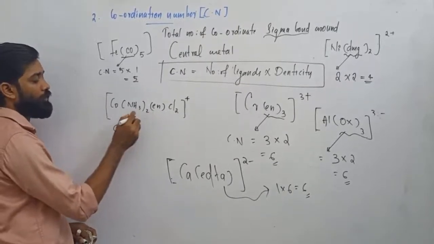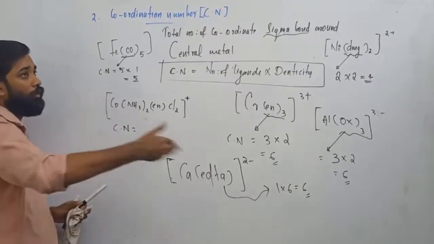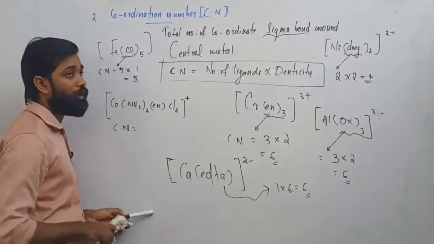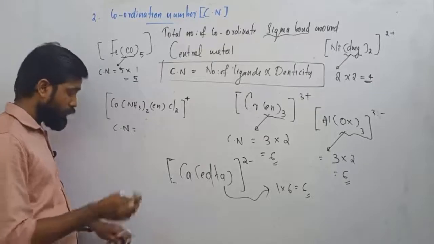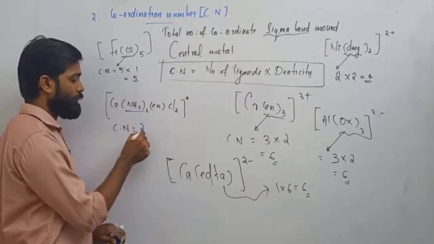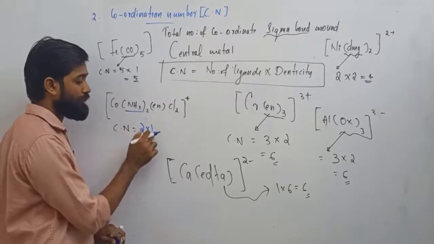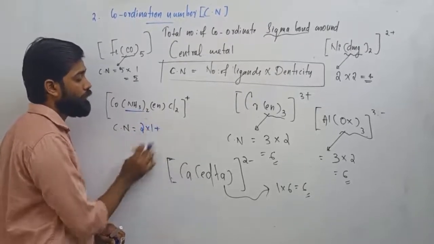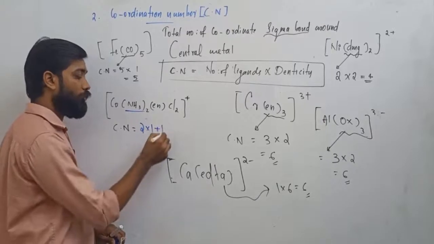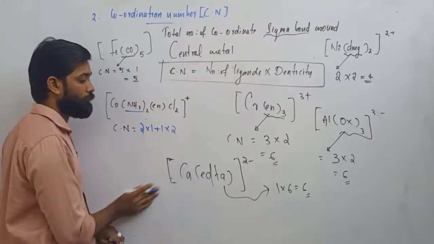First, you have to split up the ligands if you are given a heteroleptic complex, okay? So the first one is amine, number of amines 2 with the denticity 1, plus the next, ethylene diamine, there are 2 but the denticity is 2.